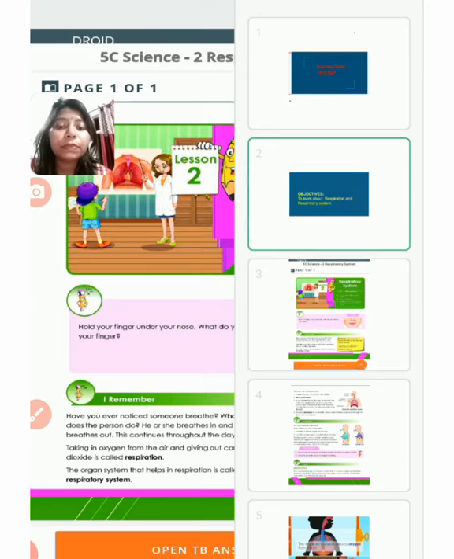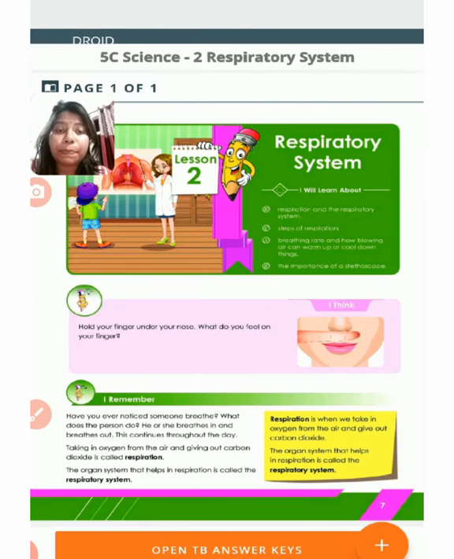Now everyone, please see the first page of your second chapter, the introduction page. It says that taking in oxygen from the air and giving out carbon dioxide is called respiration. That day we learned that breathing in of air and breathing out of air is your respiration, yes or no?